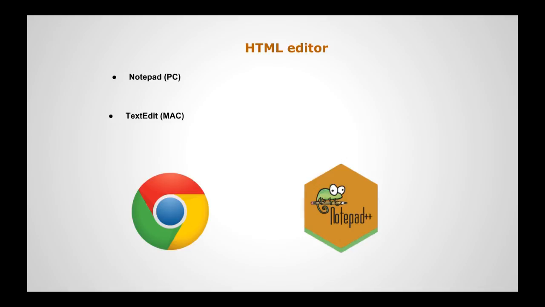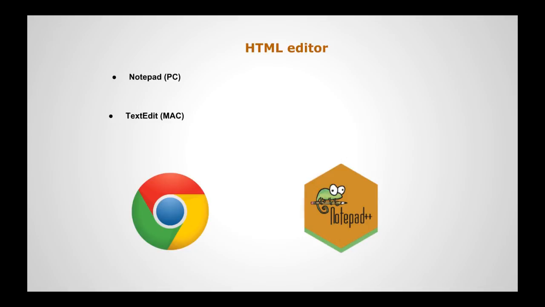It supports highlighting and code folding for many programming, scripting, and markup languages. I will be using Notepad++ for this series of lessons, and in addition to a text editor, we will need a browser. And for this series of lessons, I will be using Google Chrome browser.